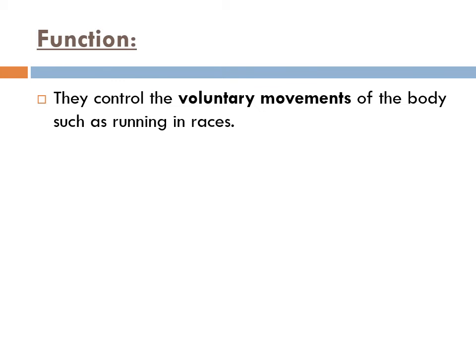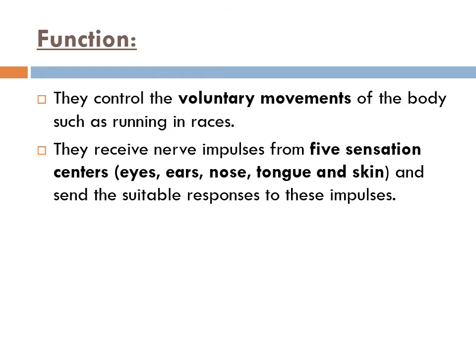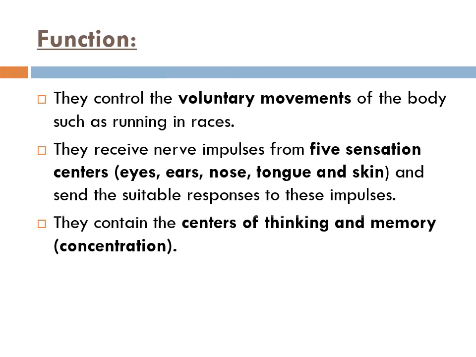Function: they control the voluntary movements of the body, such as running in races. Voluntary means that I make these movements by my will. They also receive nerve impulses from 5 sensation centers: eyes, ears, nose, tongue, and skin, and send the suitable responses to these impulses.